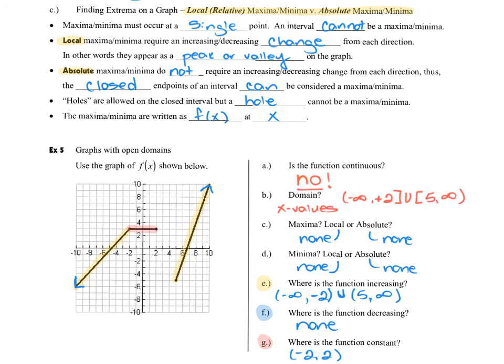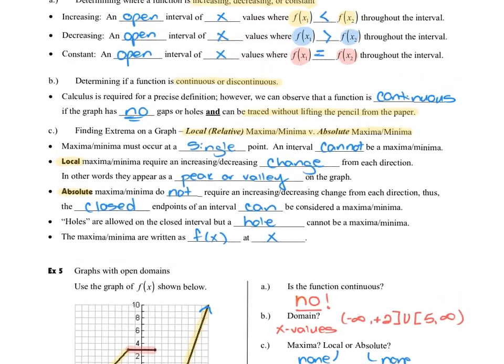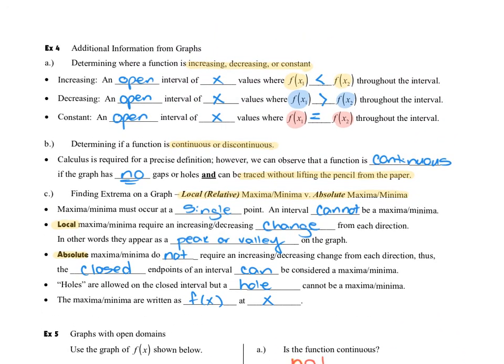For right now, the big ideas I wanted you to get from these graphs were writing these increasing, decreasing intervals, thinking about this graph in terms of continuity, and then the max and min we will explore more in class. All right, let me know if you've got any other questions and we'll extend it in class.